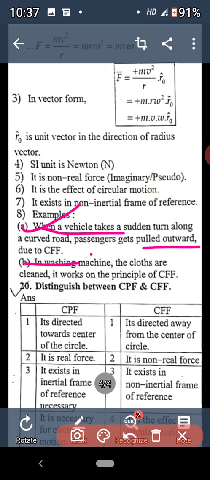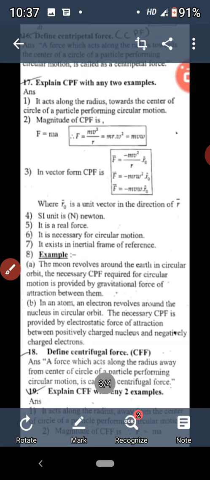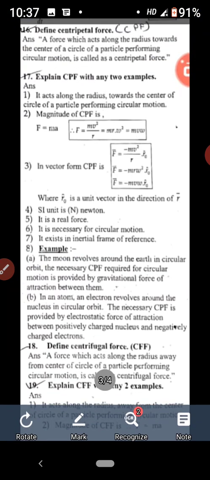This is the best example of centrifugal force. Similarly, in a washing machine, the clothes are cleaned due to that centrifugal force. So the washing machine works on the principle of centrifugal force. Now let us explain this centrifugal force with different points.